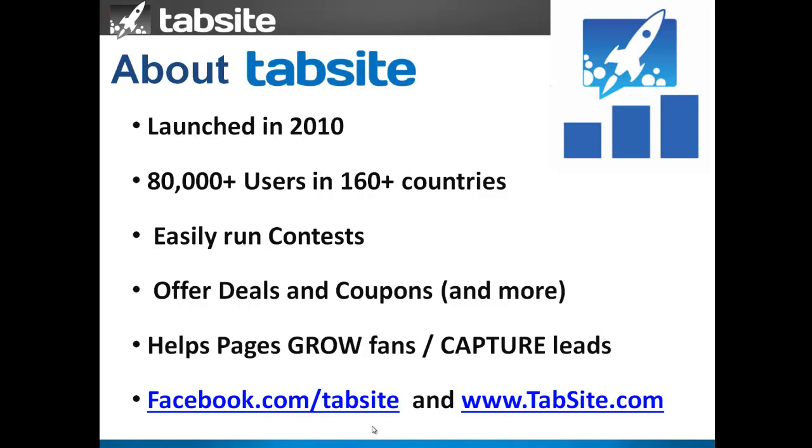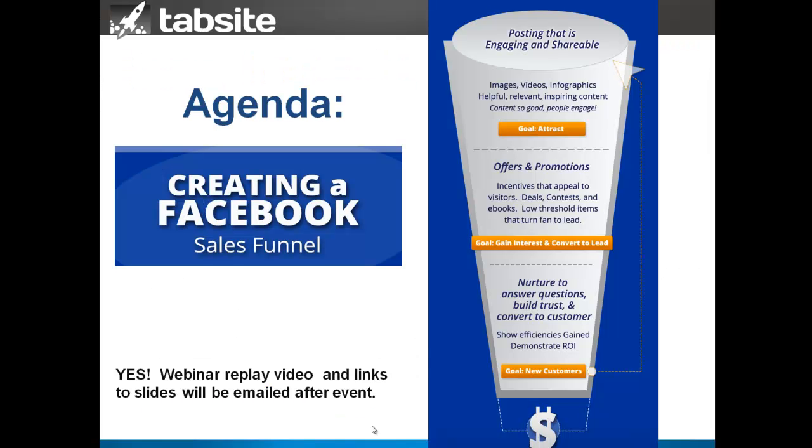We basically help pages grow their fans, capture leads, and expand upon the Facebook page that Facebook gives you, giving you more capabilities for your marketing. You can visit us at facebook.com/TabSite and at tabsite.com on the web.